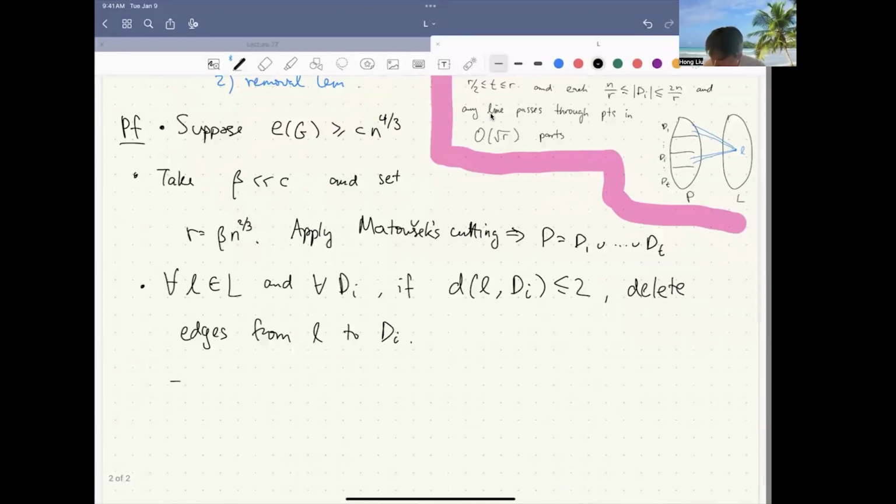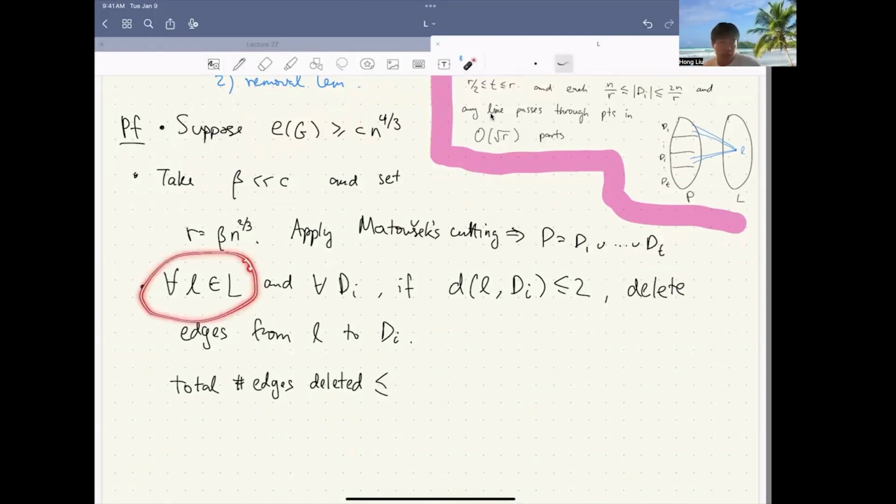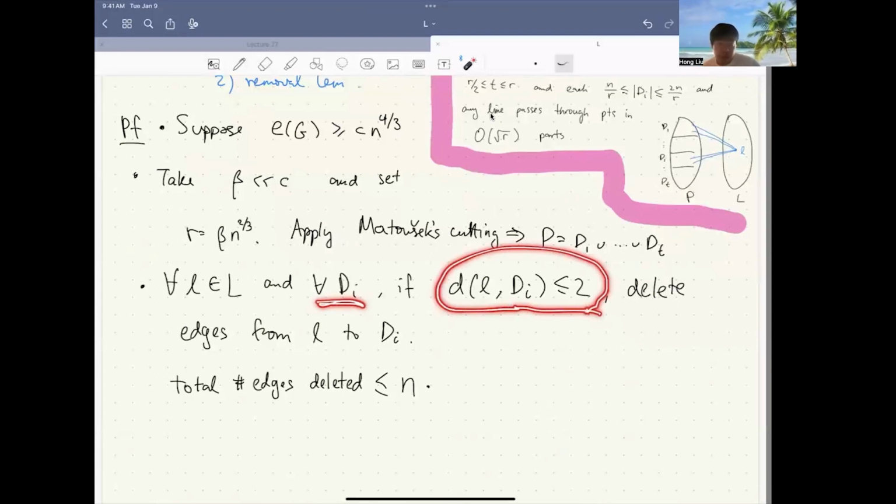The total number of edges deleted during this cleaning process is at most, let's see, we have n vertices on the right, we have n lines, times each region. If it has too few neighbors, we delete at most 2.